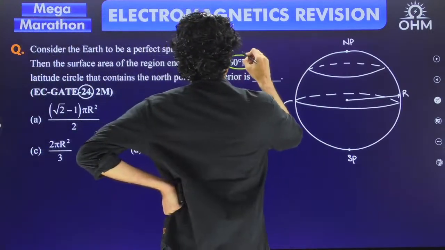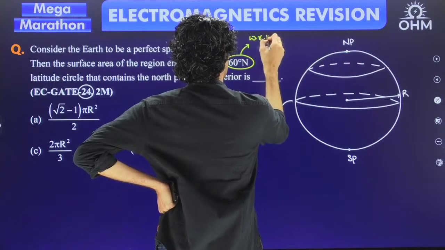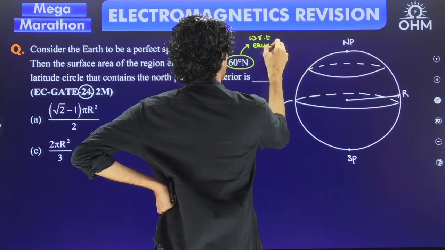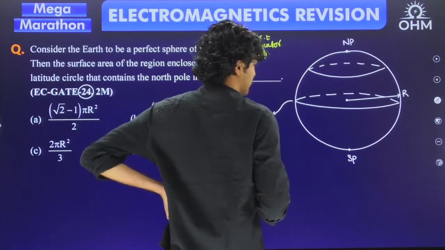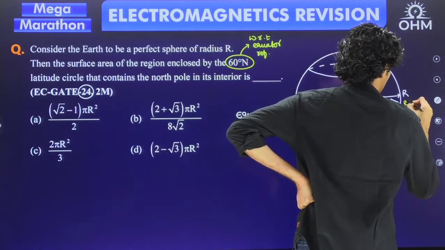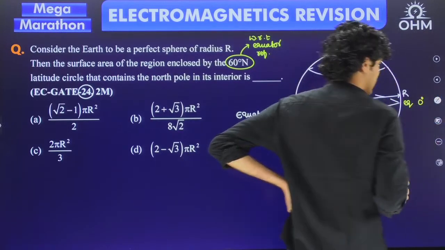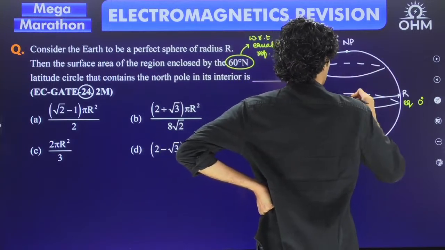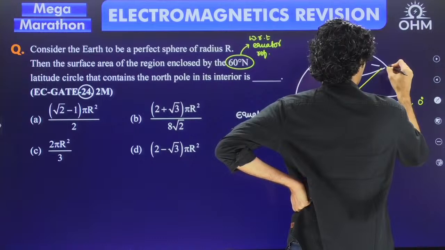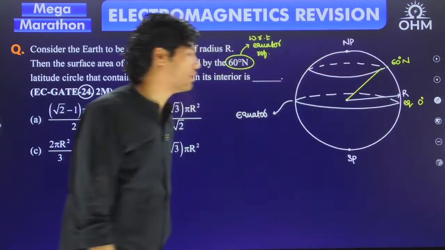The equator is considered as 0 degrees. Then you have this latitude, which is known as 60 degrees north.